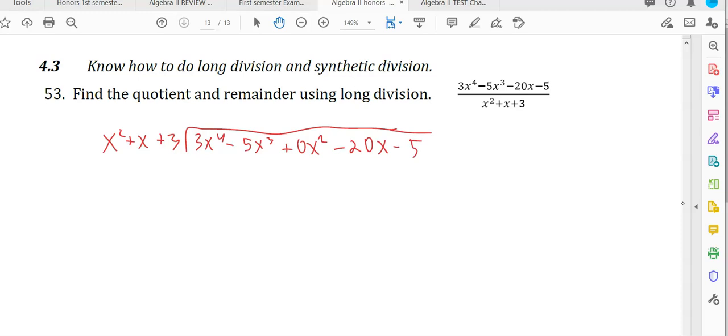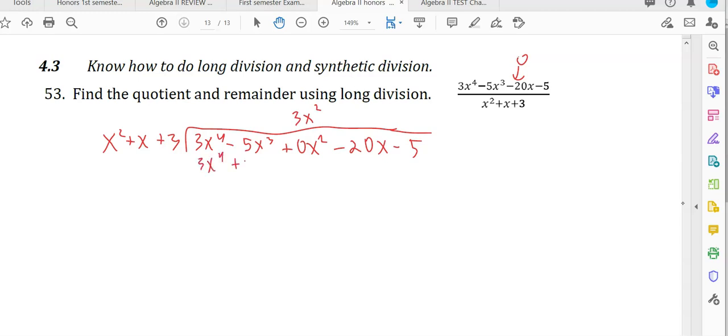Probably a good idea to put a 0 in there. You can see we're missing a term in between the x cubed and x there, so I think that'd be a good plan. So I put a 0 in there for 0x squared. So x squared times 1 is 3x to the fourth, that would be 3x squared. So I'm going to put that in the x squared column.